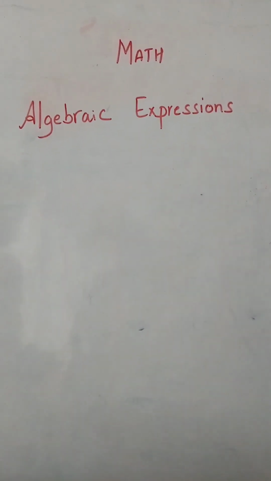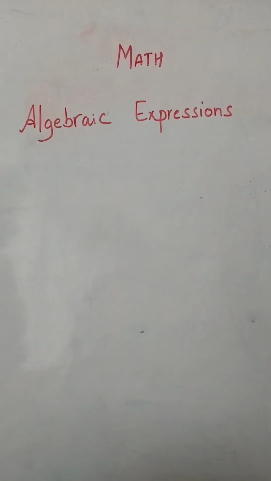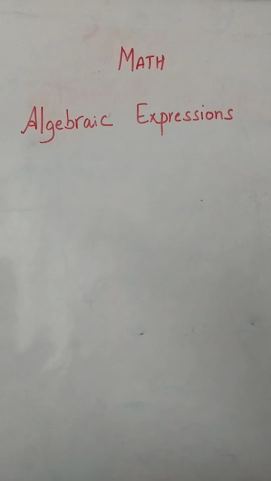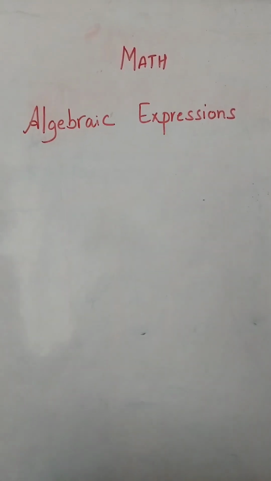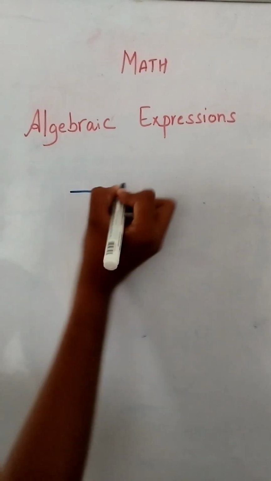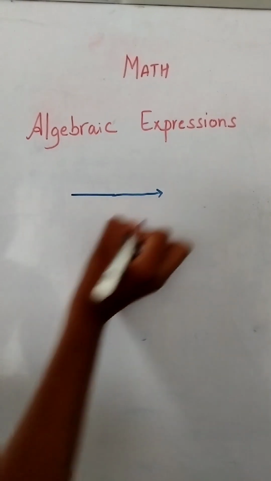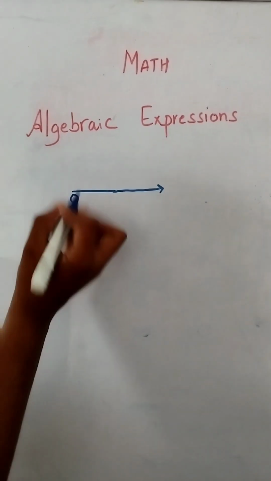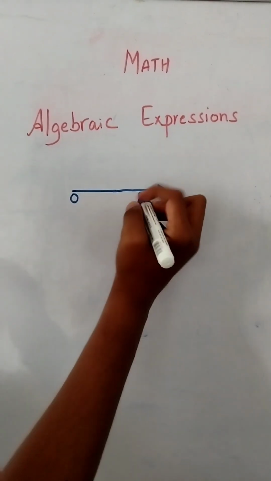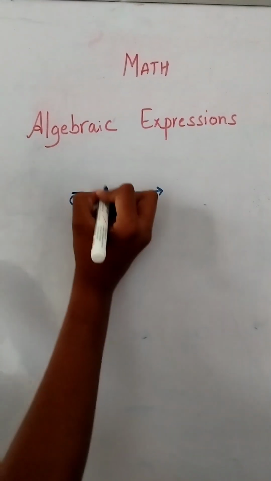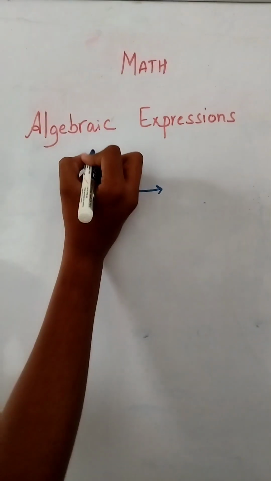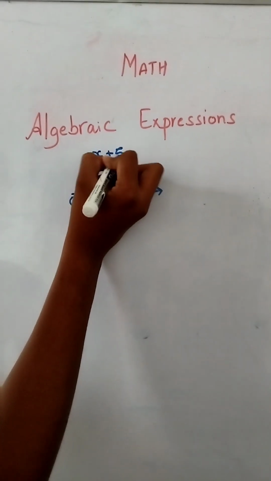Now let's understand how to plot a certain expression on a point or on a number line. So let's draw this number line and call the starting point O. It starts at O and goes on. So we have to plot a certain point. Let's take the expression x plus 5.